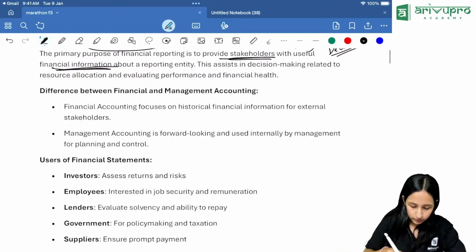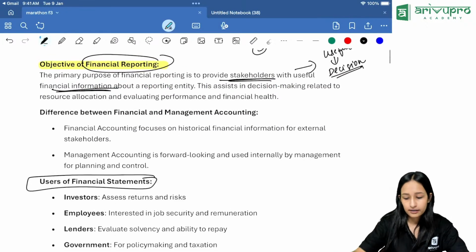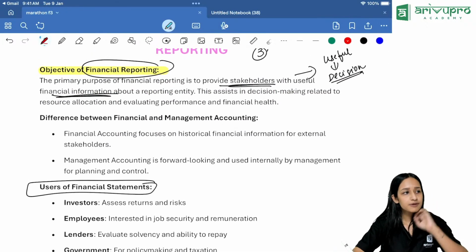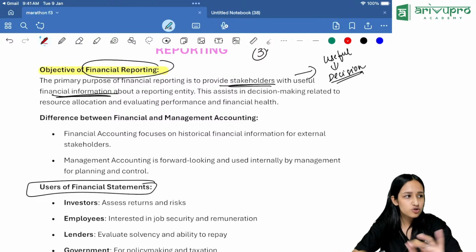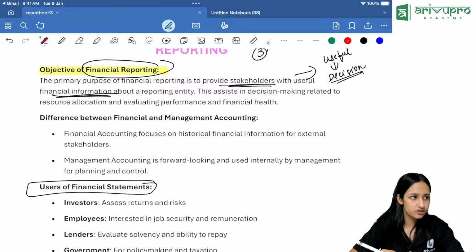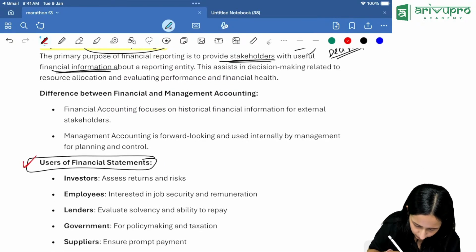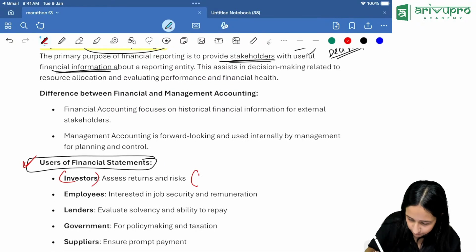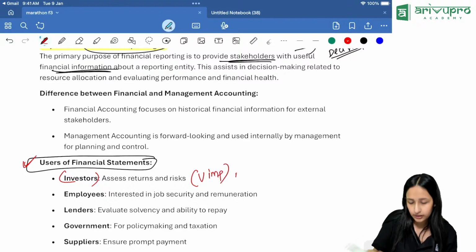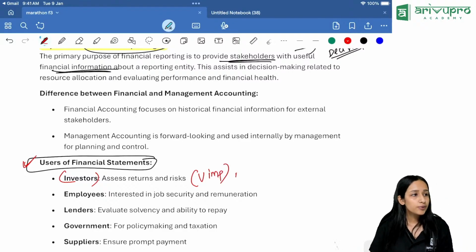We'll be looking at the users of financial statements for that. So now, why do these people want information and what kind of information do they want is a question. So we will be dealing with users like investors, very important. Investors are going to be one of the major people who are going to influence our decisions.